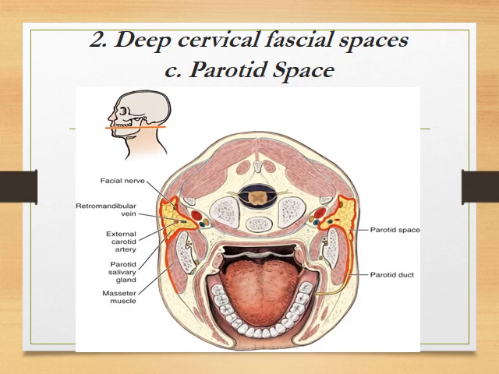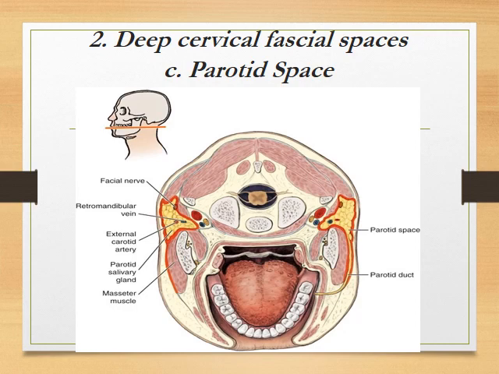Signs and symptoms: we will see an edema of the retromandibular and parotid region, trismus and difficulty in swallowing, pain during chewing, which radiates to the ear and temporal region. In certain cases, we will see redness of the skin and subcutaneous fluctuation.